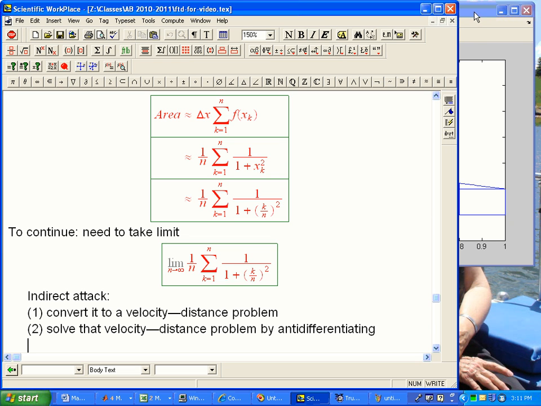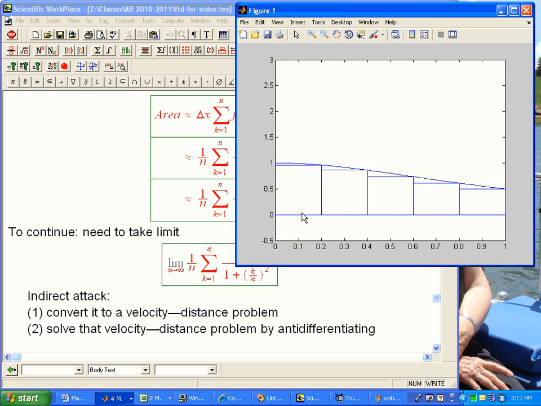So the first observation is that if this horizontal axis is time and the vertical axis is velocity, then we can summarize what's been done here.